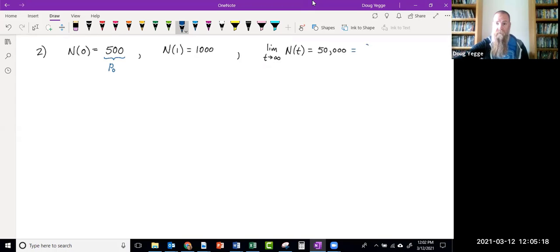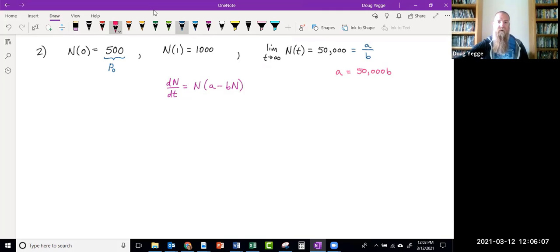We proved already, so we don't have to prove it again, that the carrying capacity is A over B, keeping in mind that our differential equation has the logistic form N times A minus BN. So the values of A and B govern the carrying capacity. That also means the A value is going to be 50,000 times bigger than the B value, since I just multiplied B over to the other side. That will be helpful to recognize.